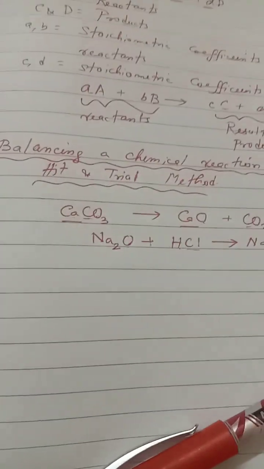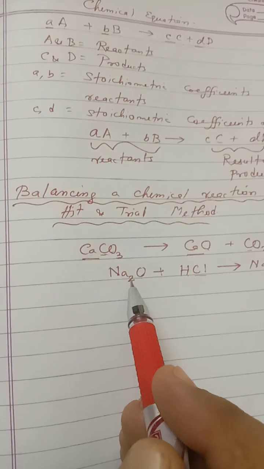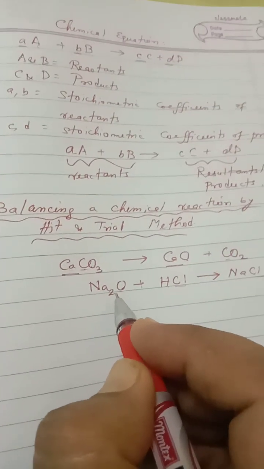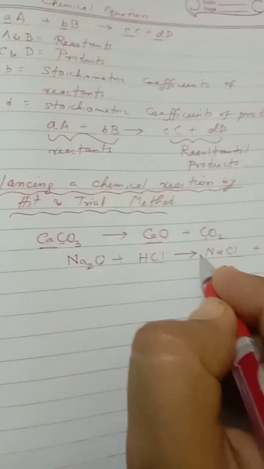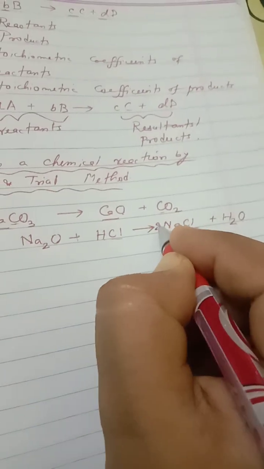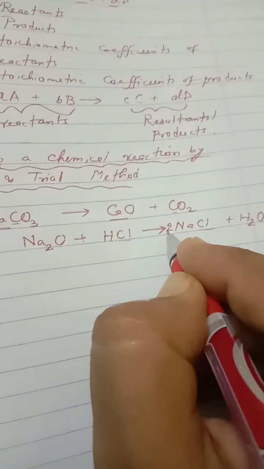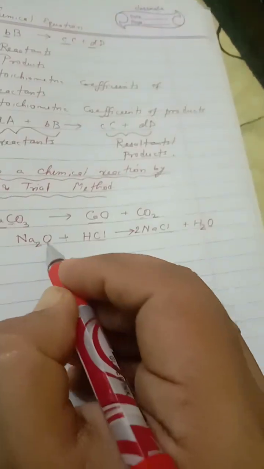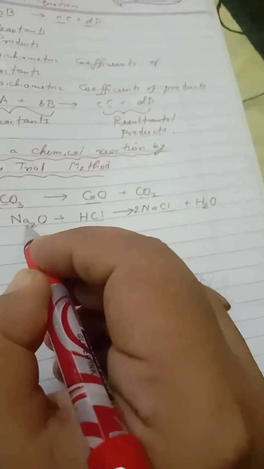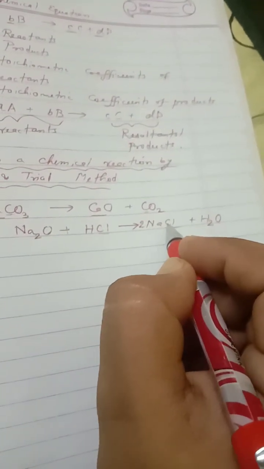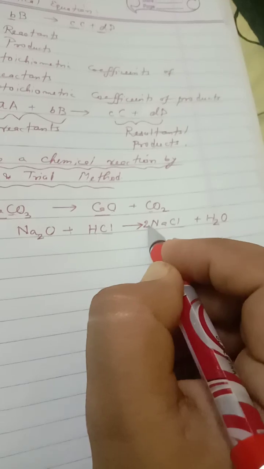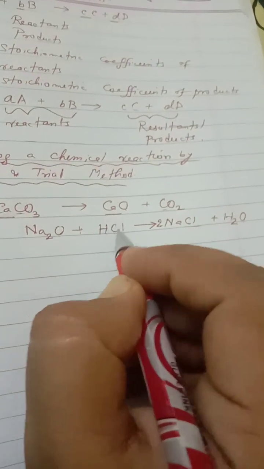Our first job is to balance the elements which are unbalanced. Here sodium is unbalanced. It is the metal, so starting with it, not a rule but simply a convention. The number of sodium is 2, so you put a 2 here. Now 2 atoms of sodium, 2 atoms of sodium. Now chlorine: 2 into Cl gives 2 chlorine, here is only 1 chlorine atom.